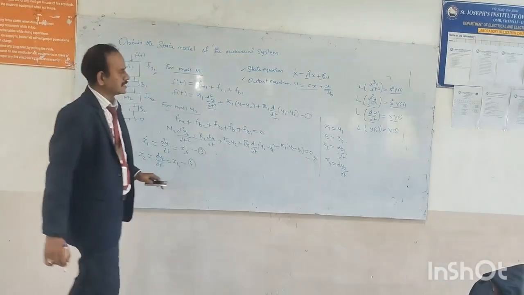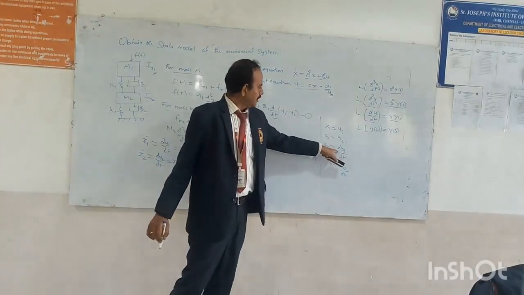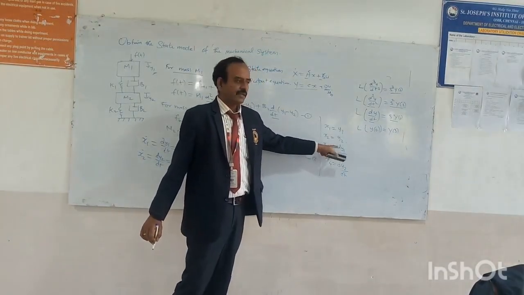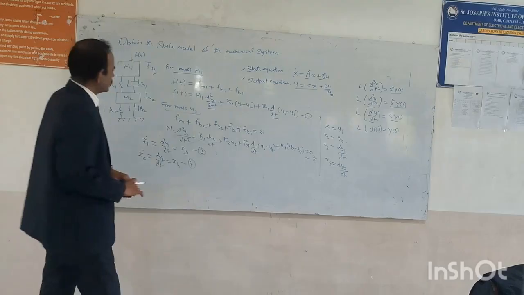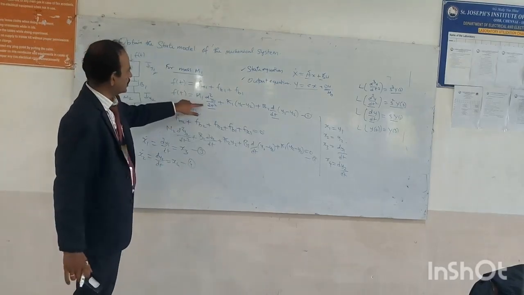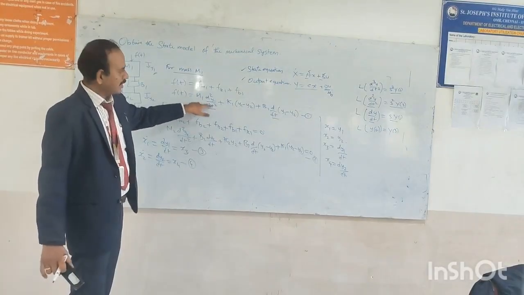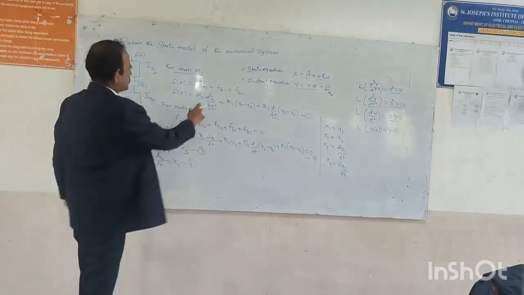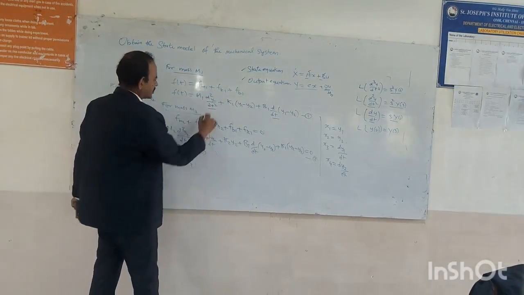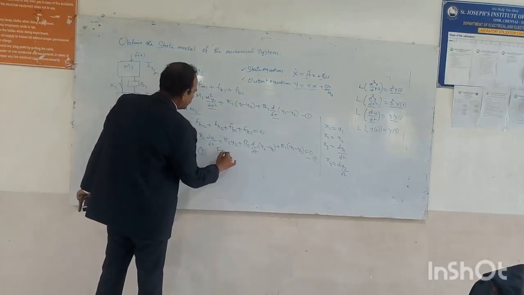But x3 dot: x3 is dy1 by dt, so x3 dot is d square y1 by dt square. D square y1 by dt square is present only in equation 1. From this you have to find x3 dot. So first of all, find d square y1 by dt square from equation 1.